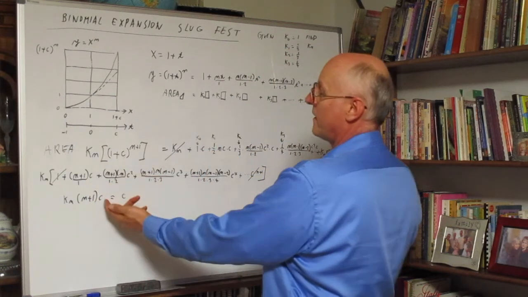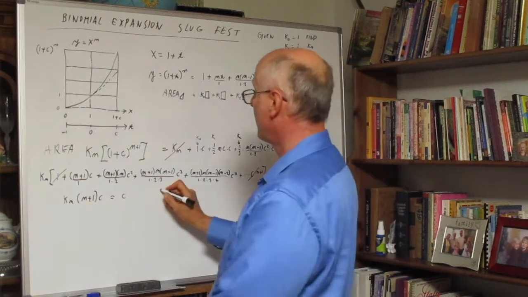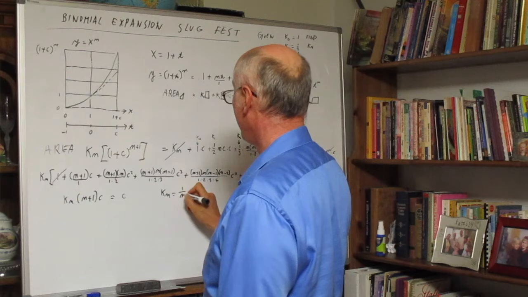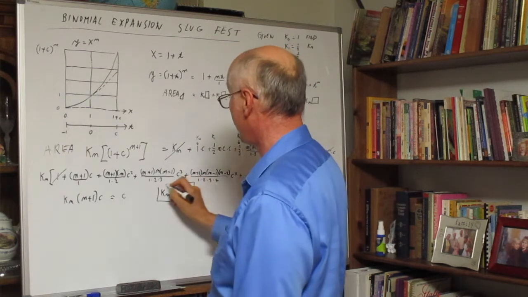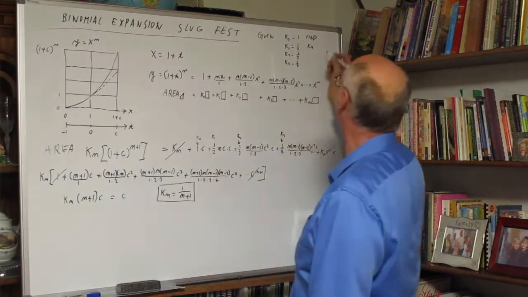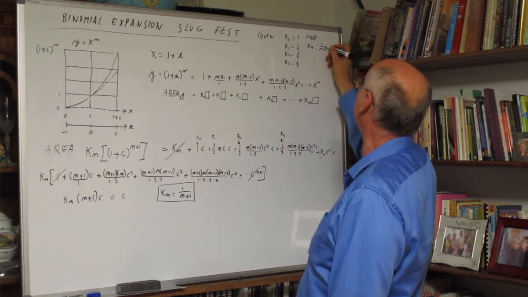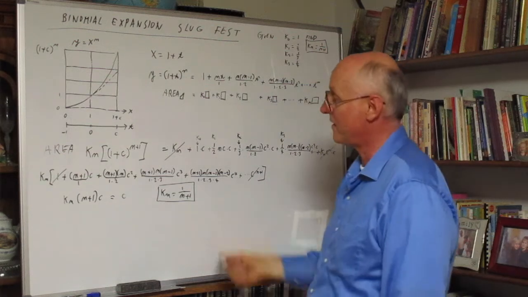Well, look at that. The c cancels the c, and all you're left with is k sub n equals 1 over n plus 1, which is Cavalieri's finding, right? That's it. Simple. 1 over n plus 1. That's great. We found it.